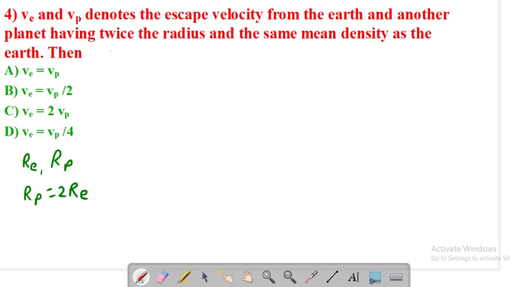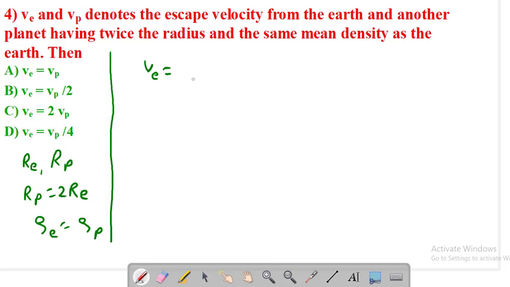Now we need to compare the escape velocities, and rho, the mean density of Earth and the planet, is the same. So first we write the equation for escape velocity.